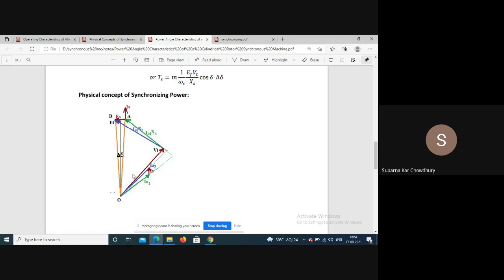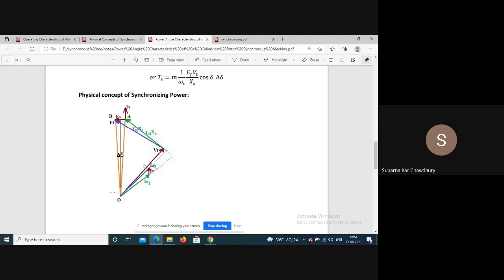So now the angle between EF and Vt, which was delta, becomes delta plus del delta. Now excitation has not changed, so the magnitude of EF is the same.